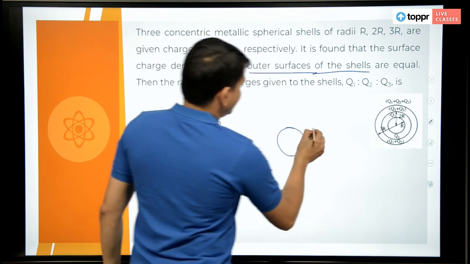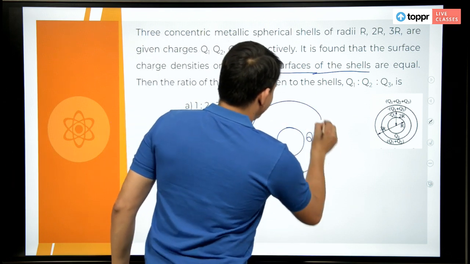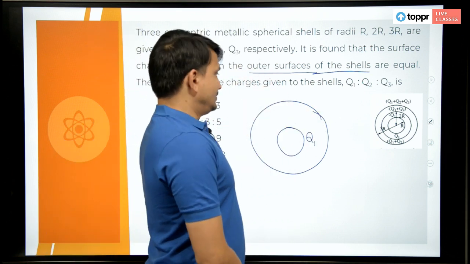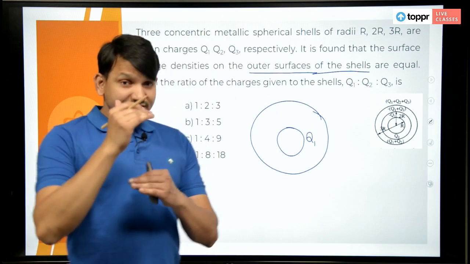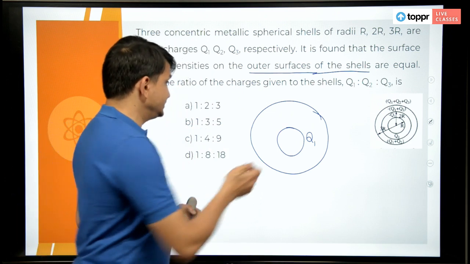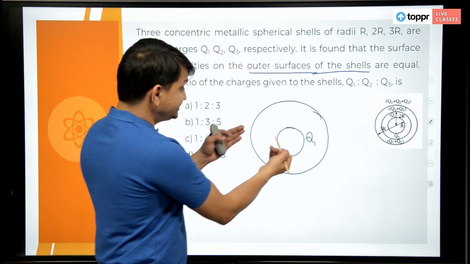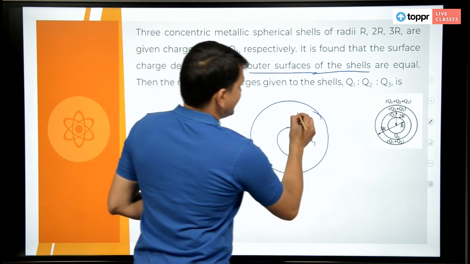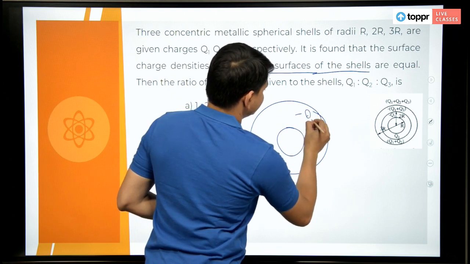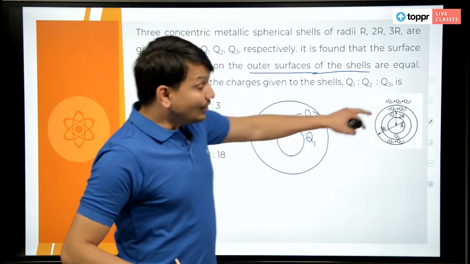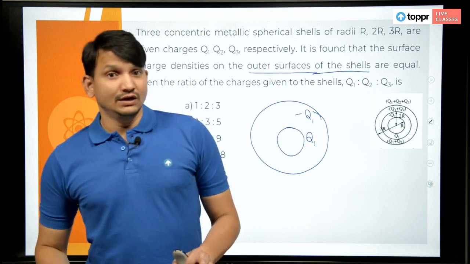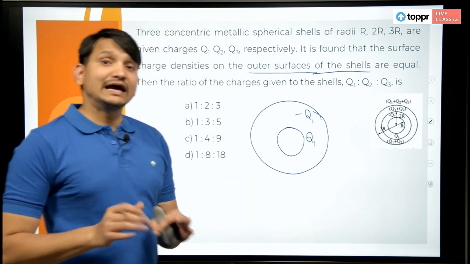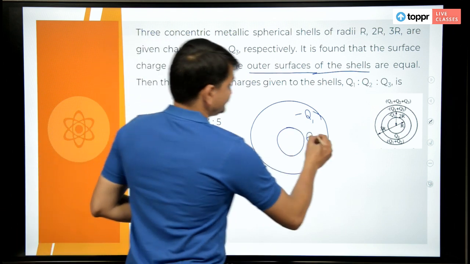Now consider the inner boundary of the second shell. It would have the opposite charge, because of the charge induced by this enclosed charge. So minus Q1. It already had Q2, so to accommodate, the outer surface would have Q1 plus Q2.